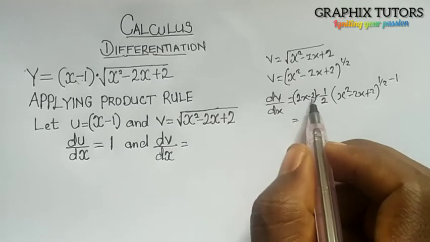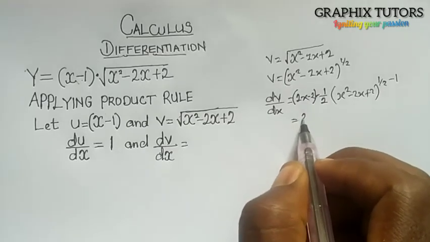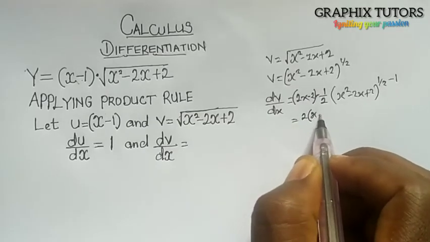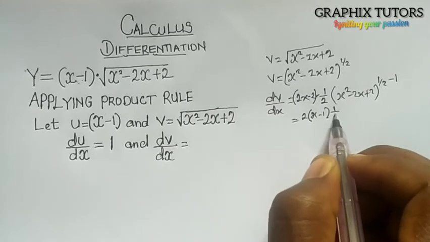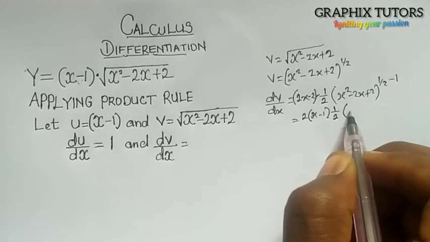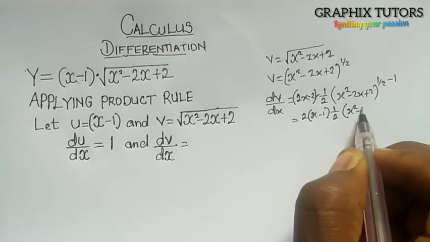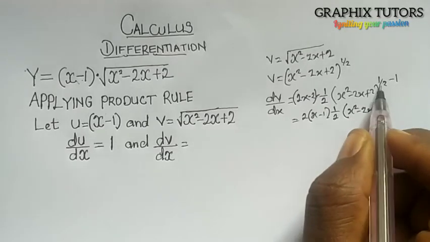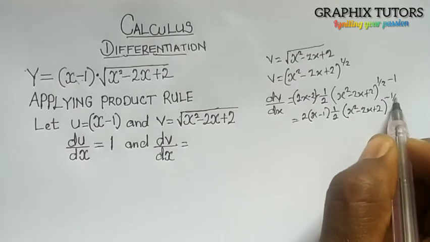Now, if I factorize this, what they have in common is 2. If I bring the 2 out, I'll be left with (x minus 1) multiplied by 1 over 2 into (x squared minus 2x plus 2), then half minus 1 gives minus half.